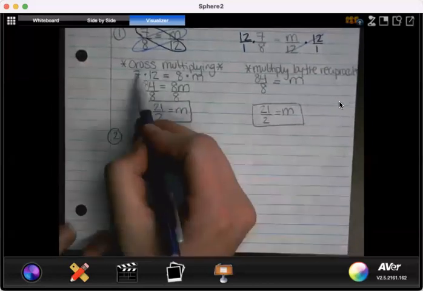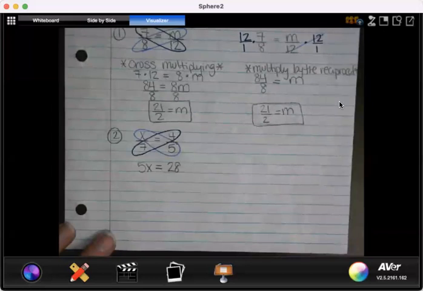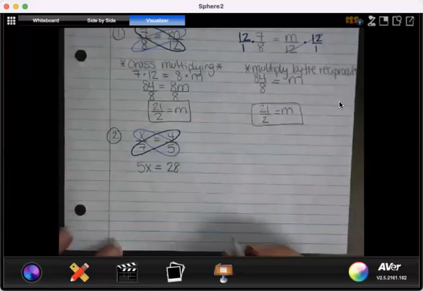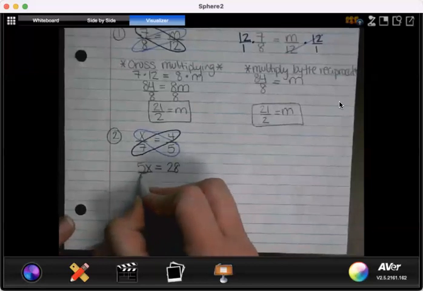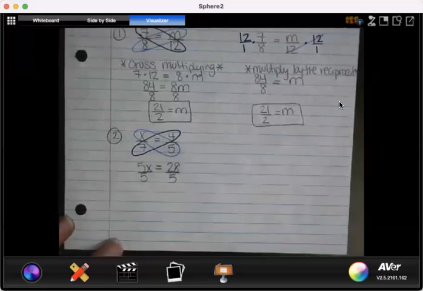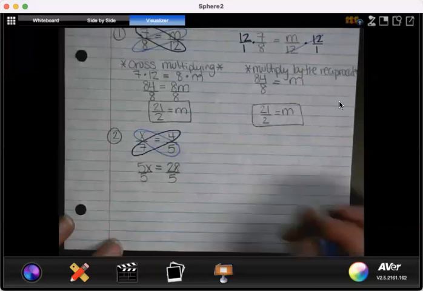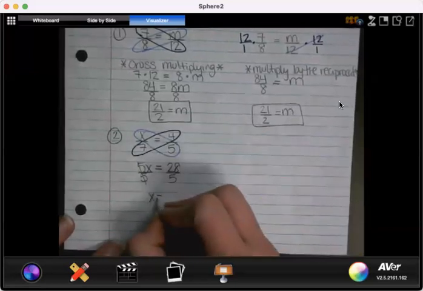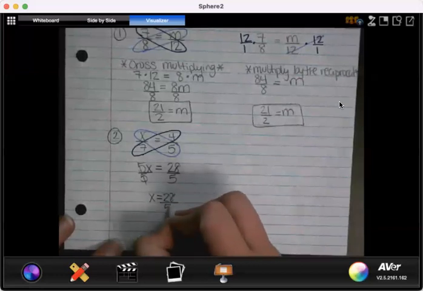You don't need to write this first line up here; that was just showing you how you were multiplying it. Then we simplify to isolate our variable by dividing by 5. In this case, 28 fifths doesn't simplify, so my answer would just remain as 28 fifths.